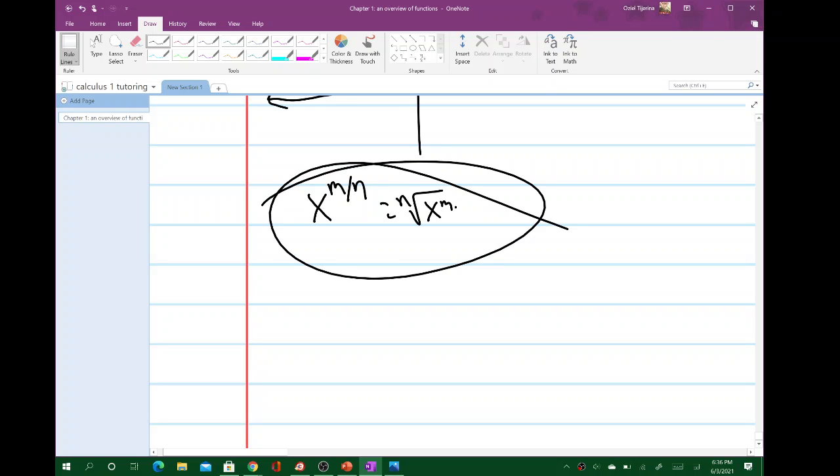We must remember this one, because when we are going to find derivatives of something like this, let's say we want to find the derivative of the 7th root of x cubed, okay?